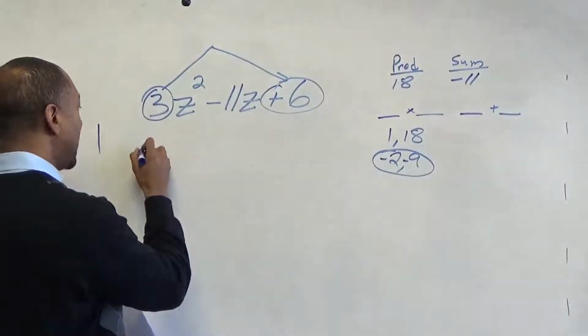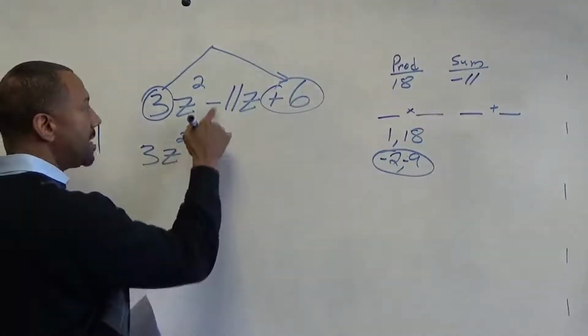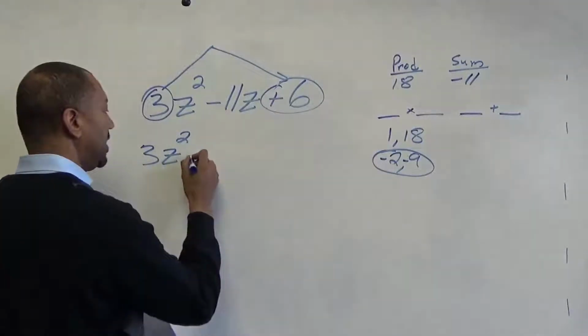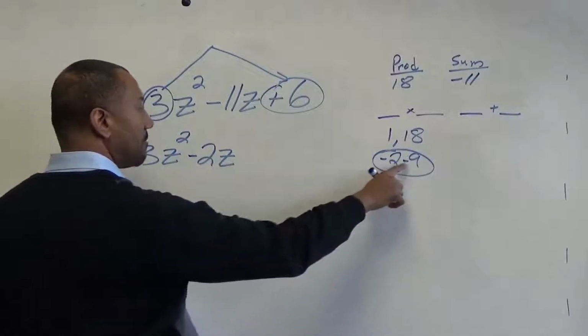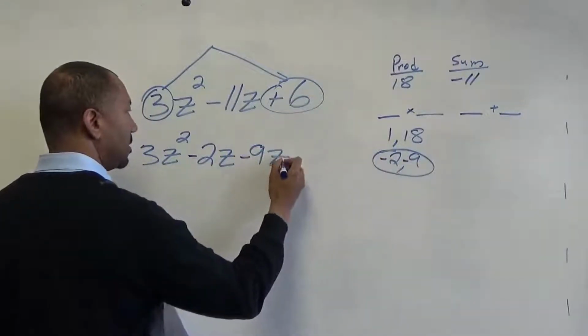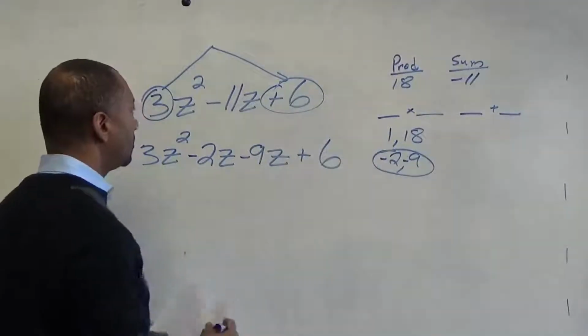Everything else stays the same. I still have 3z squared, but instead of minus 11z, I'm going to write minus 2z. I'm also going to minus 9z, and then plus 6. There we go.